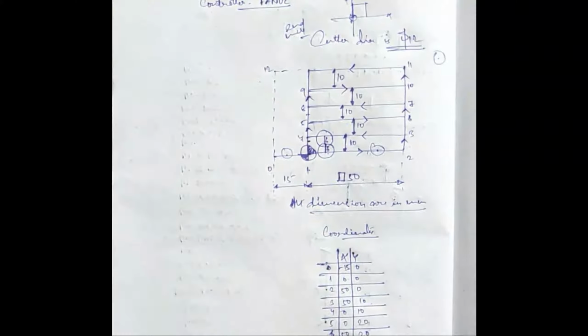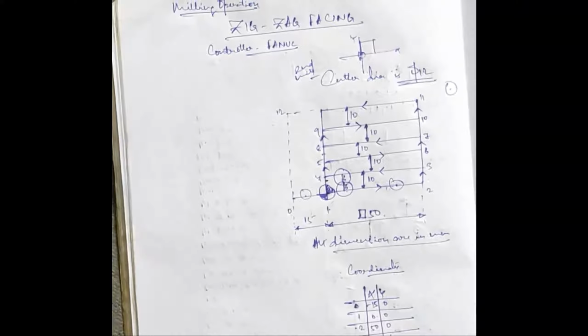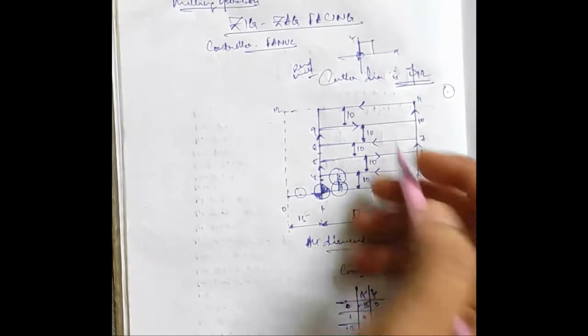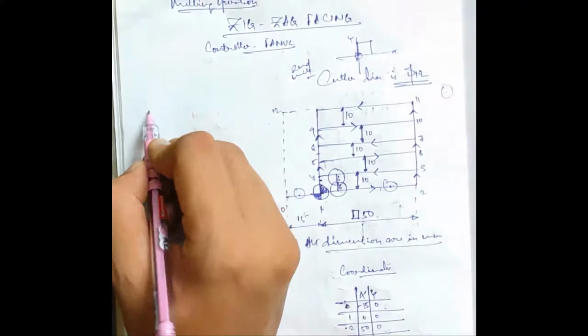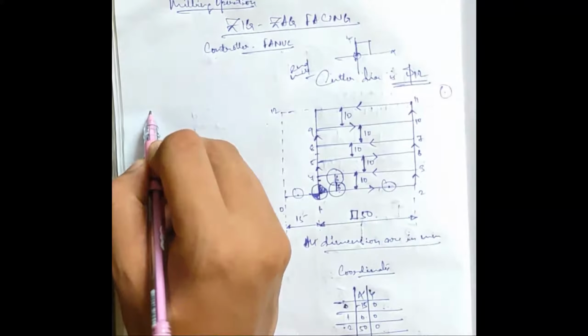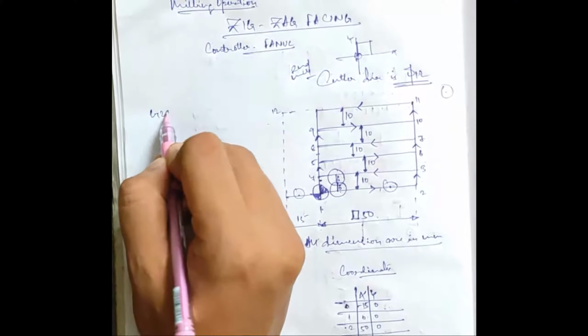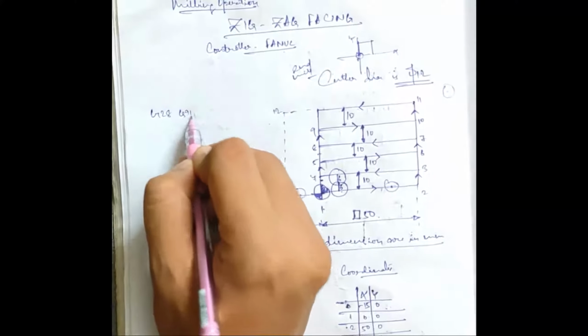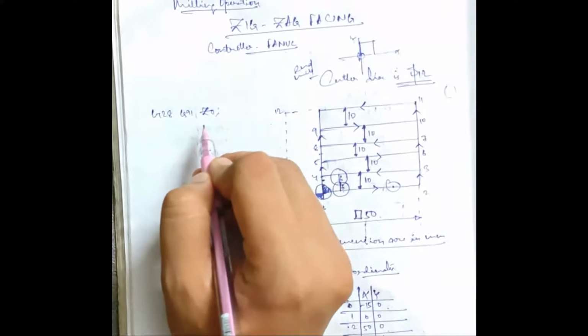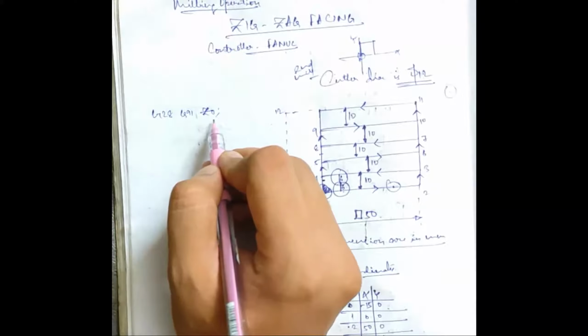Okay, so let's begin with the program. In a milling program, we first write the homing line, which will be like this. G28 G91 Z0, homing in the Z axis.